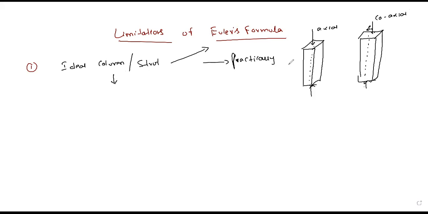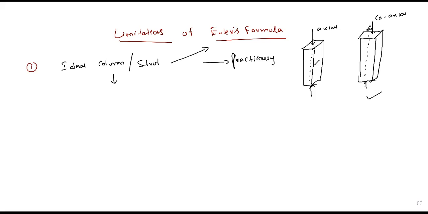There is a possibility of a coaxial load instead of an axial load. In theory, we assume that the load passes through the center of gravity, so the load is axial to the column. That is the limitation of Euler's formula.